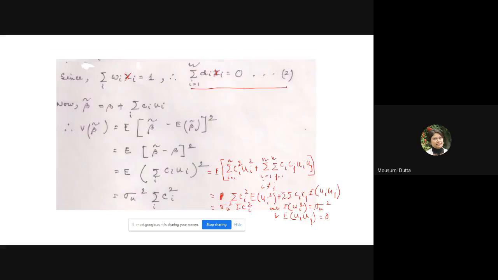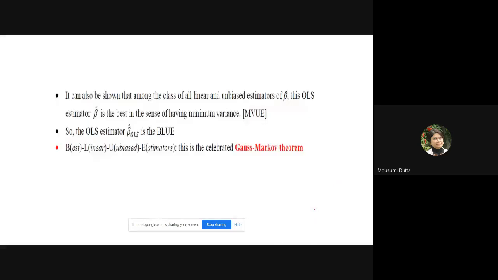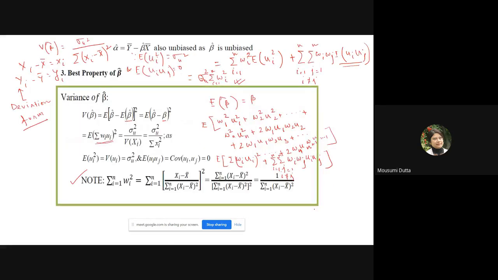Okay. So this summation ci square part is there. So we need to check whether this summation ci square is equivalent to summation wi square. Let us check what we got in case of this one. So we got this value, sigma u square into summation wi square. And here we are getting sigma u square into summation ci square.